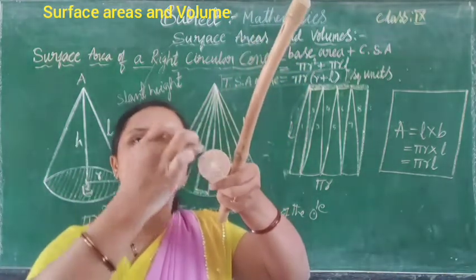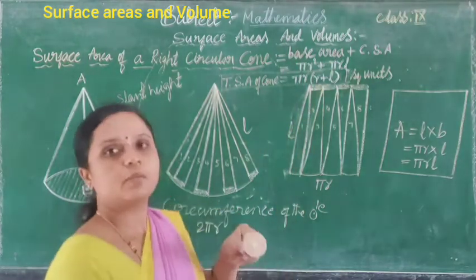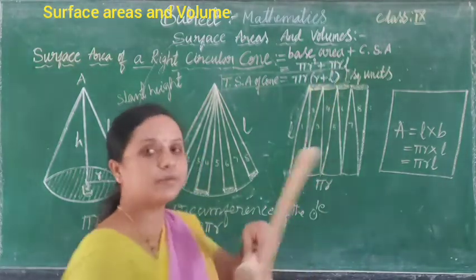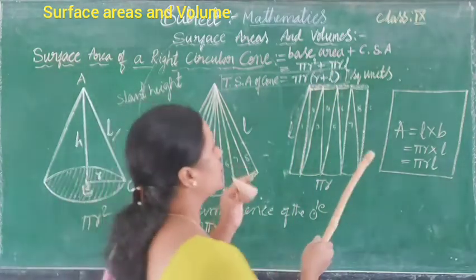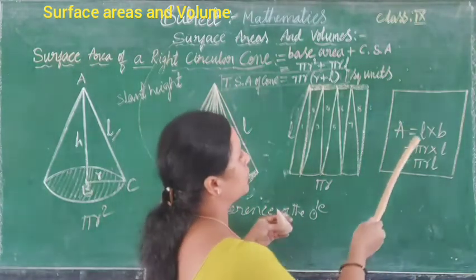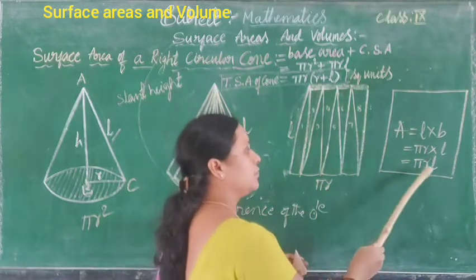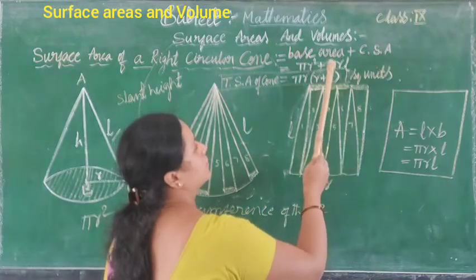The base is in circle shape, so the area of the circle will be pi r square. And again the curved surface area is nothing but the area of the rectangle. The length is pi r and the breadth is L, therefore it is pi r L.